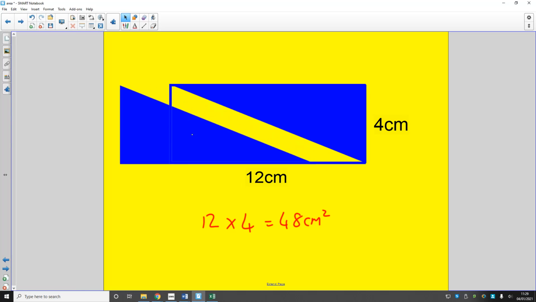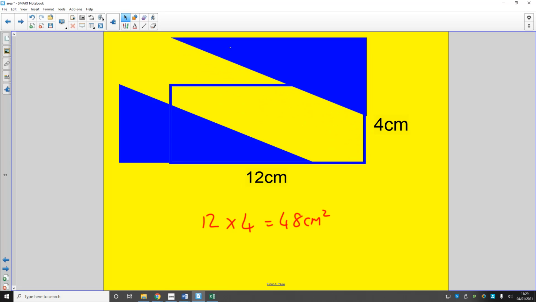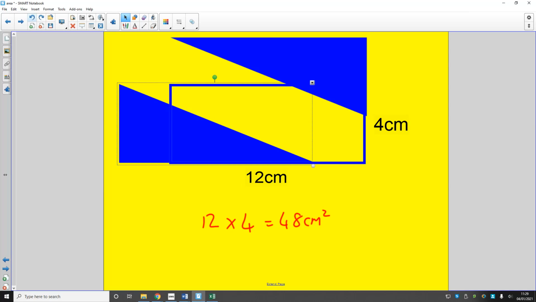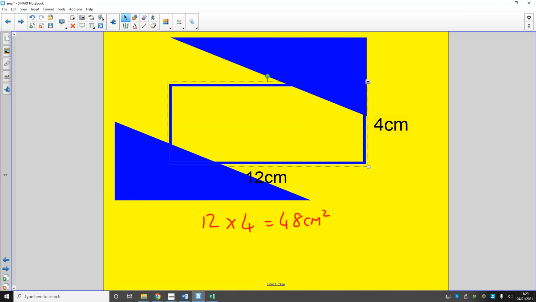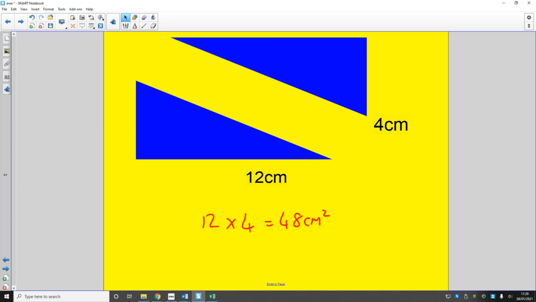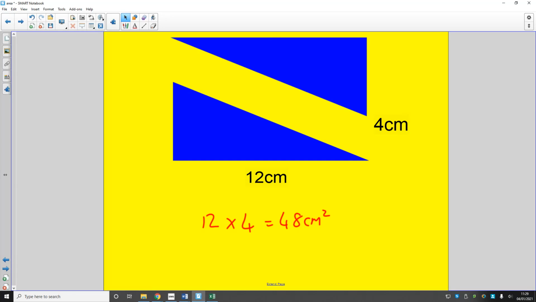Now, if I was to pull out this part of it here and this part of it here, and I just focused on this part of it here, get rid of that now. So I've got this bit of it here. Then this has a base of 12. It has a height of 4 centimeters.